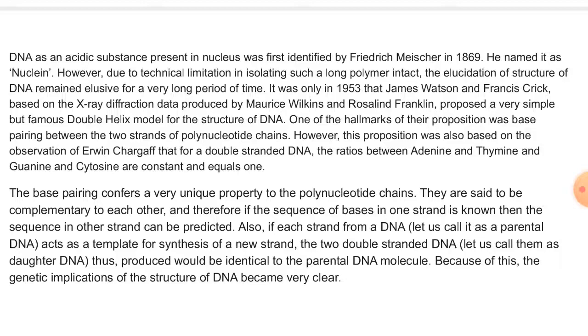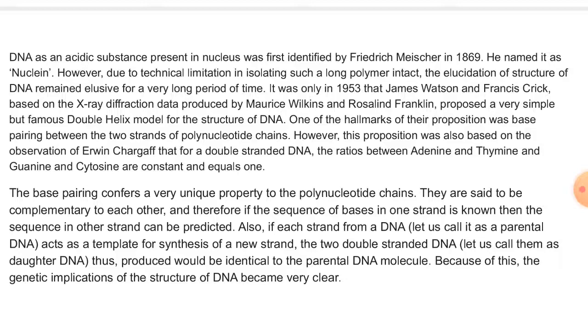In 1950, Erwin Chargaff formulated important generalizations about DNA structure, known as Chargaff's rules. Now, what does it state? According to Chargaff's rule, the purines and pyrimidines are always in equal amount. That means adenine plus guanine, the purines, are equal to thymine plus cytosine, the pyrimidines.